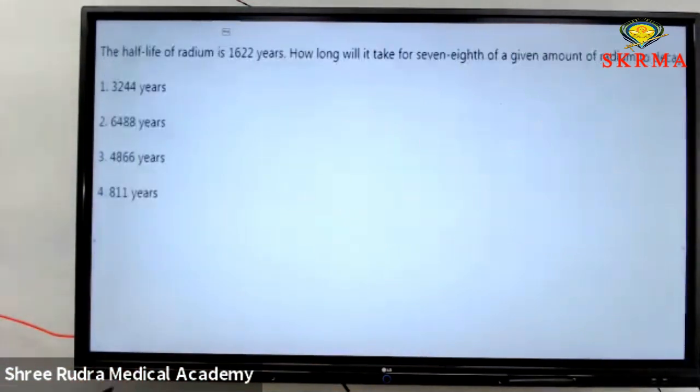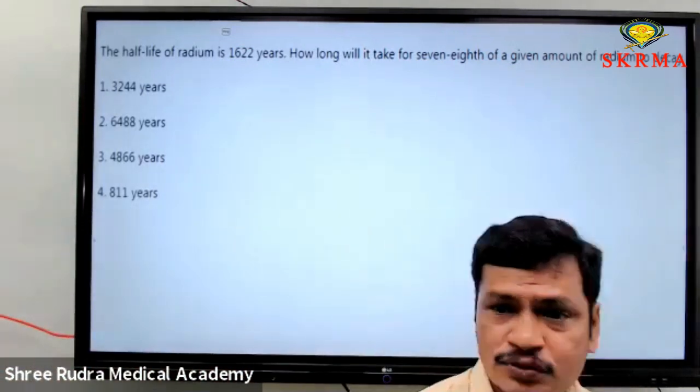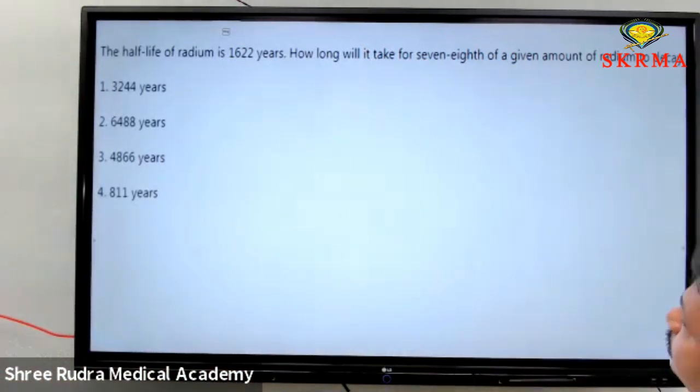The next one is also based upon the same concept. The half-life of radium is 1622 years. How long will it take for 7/8 of a given amount of radium to decay?